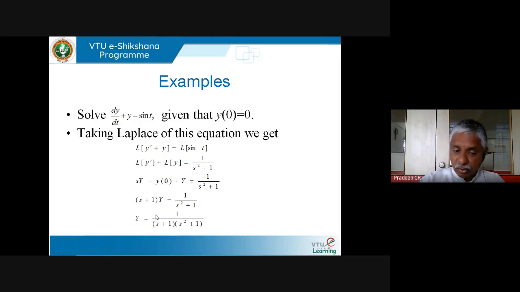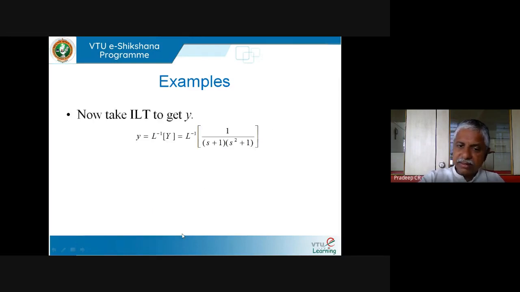So now I should know how to take the inverse. Ideally I should have written this as capital Y of s, a function of s. But I won't write it. It's understood. So capital Y is equal to 1 by s plus 1 into s square plus 1. Take inverse Laplace of this. I'll get small y, which is inverse Laplace of capital Y, which is inverse Laplace of 1 by s plus 1 into 1 by s square plus 1.